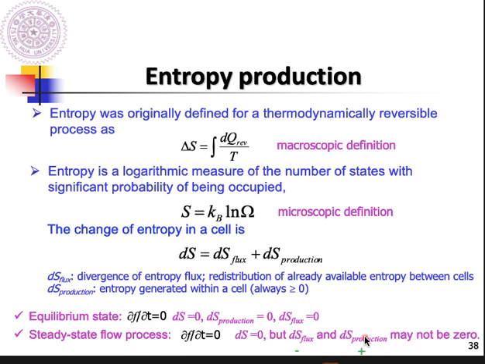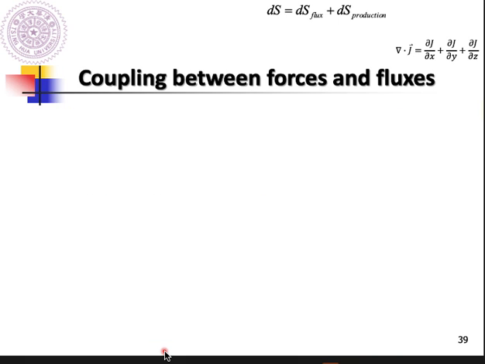Negative plus positive, when we sum up, the final entropy change of the system equals 0 in the steady state flow process. Okay. So now you have some concept about the change of entropy. Now we move to the coupling between the forces and the fluxes, starting from the concept of entropy.